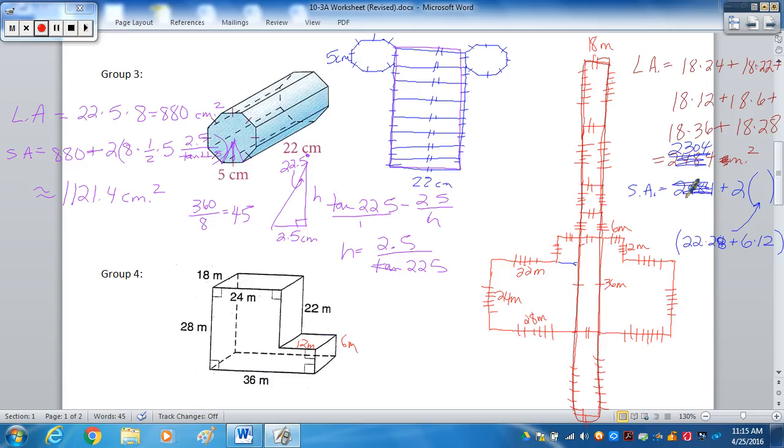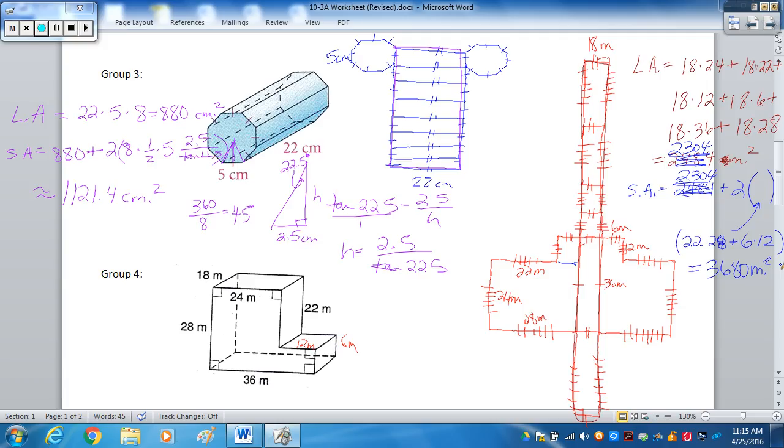There we go. Okay. And then for the other one, if we're going to add in both bases, 2 parentheses 22 times 28 plus 6 times 12. Okay, so the total surface area here is going to be 3,680 square meters.